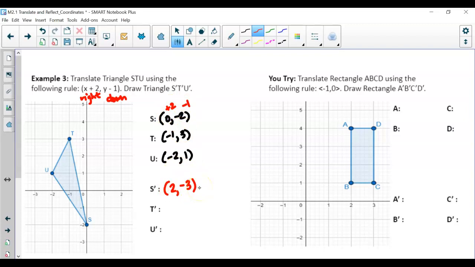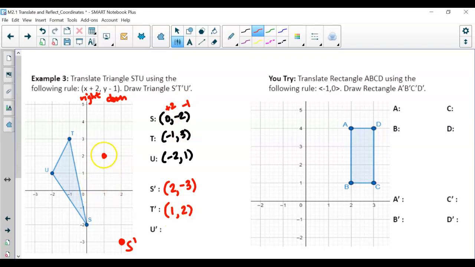So let's see if it matches. So we're saying now here we're at the point 2, negative 3 for S prime. So here we went 2 to the right, 1 down, which matches. So then adding 2, 1, subtracting 1, 2.